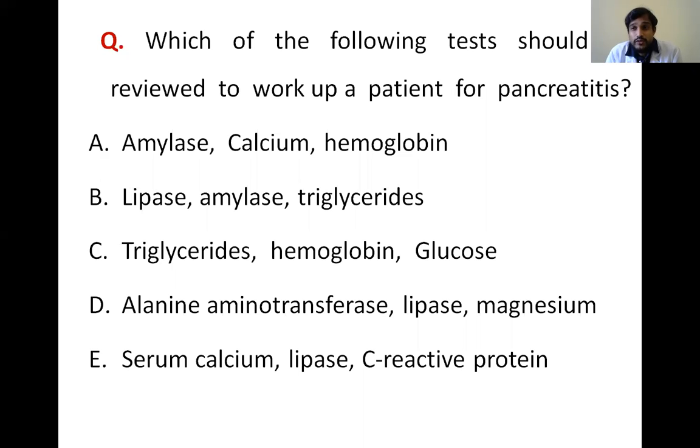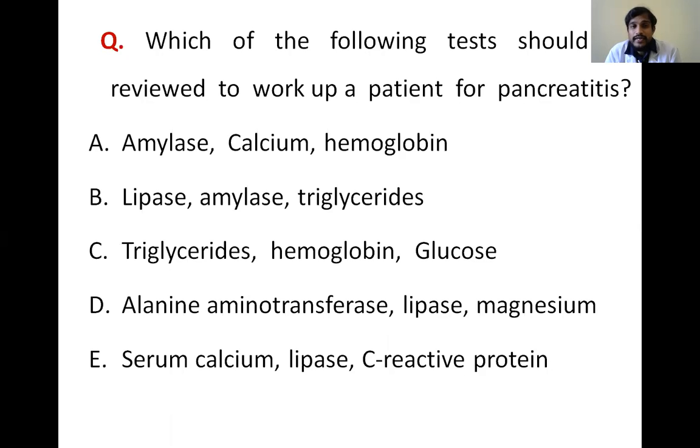When a patient comes to us with abdominal pain, we can suspect pancreatitis and send for investigations. The options are: amylase, calcium, hemoglobin, lipase; amylase, triglycerides, hemoglobin, glucose; ALT, lipase, magnesium; serum calcium, lipase, and CRP. So what are the investigations that we have to send the patient for?